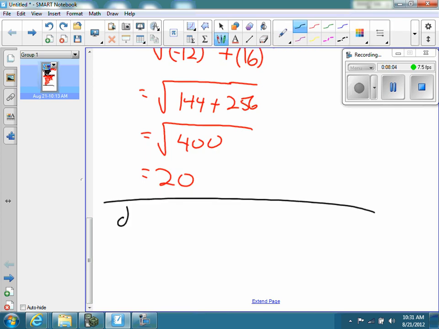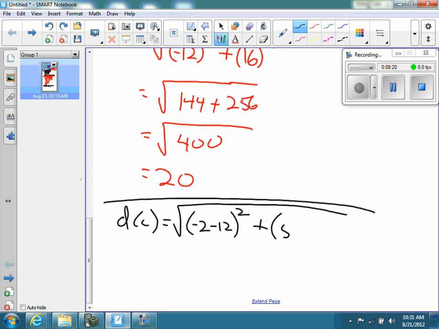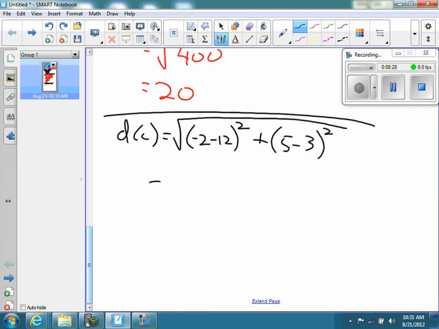Distance of C is equal to the square root of negative 2 minus 12 squared, those are my x values, plus 5 minus 3 squared. So that's equal to the square root of, well, this would be 14 squared plus 2 squared.